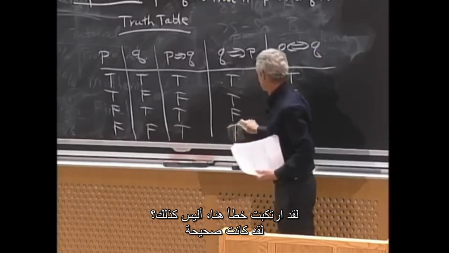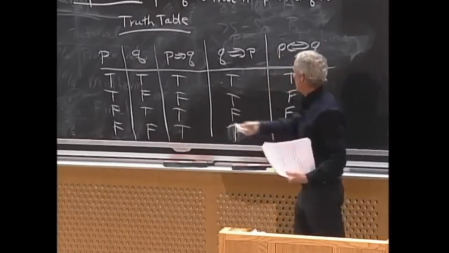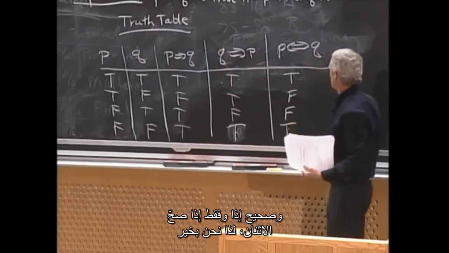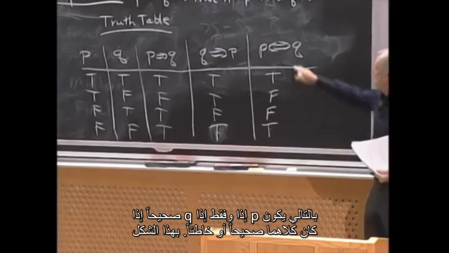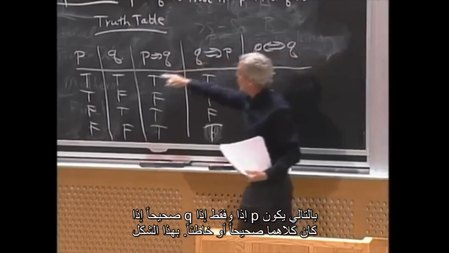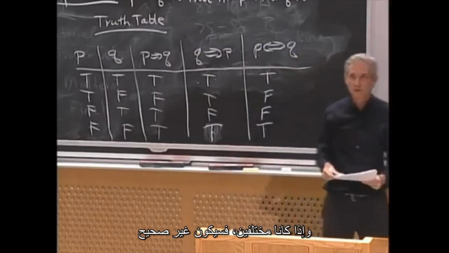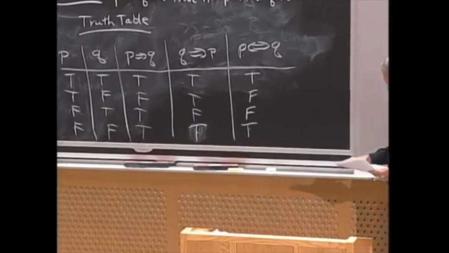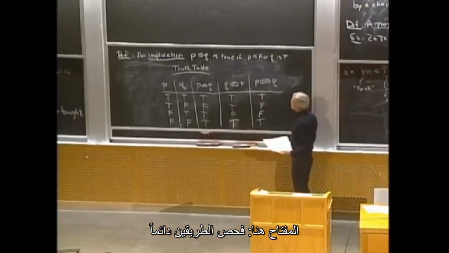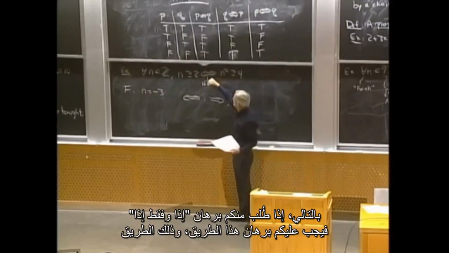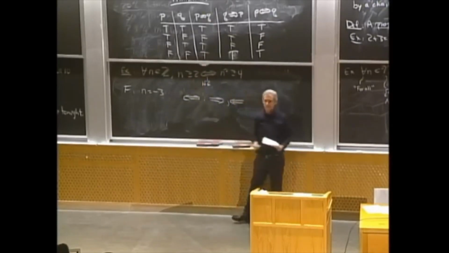That was true. Oops. And true if and only if true. Okay, they're both true, so we're okay. So P if and only if Q is true when they're both true or both false. And that's it. If they're different, then it's not true. The key here is to always check both ways. So if you're asked to prove an if and only if, you got to prove that way and that way.